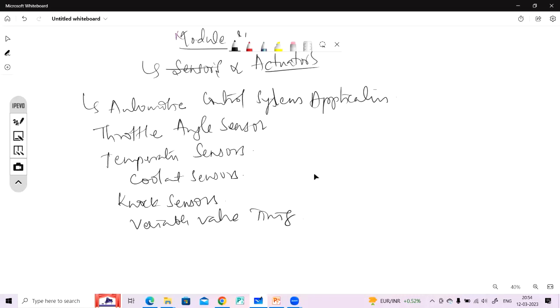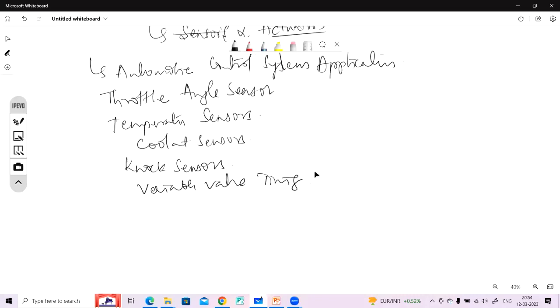Then after we'll discuss electronic motor actuators, then stepper motor and ignition system.